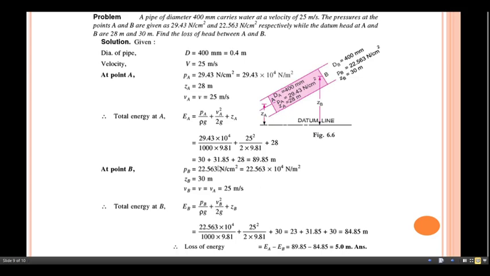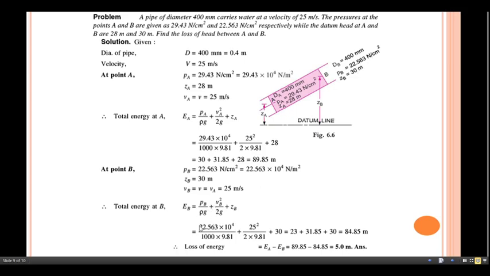So at point B, the values of the pressure, datum head, velocity and so on are available. The pressure at point B is 22.563 Newton per centimeter square. Take that in Newton per meter square by multiplying by 10 raised to plus 4.